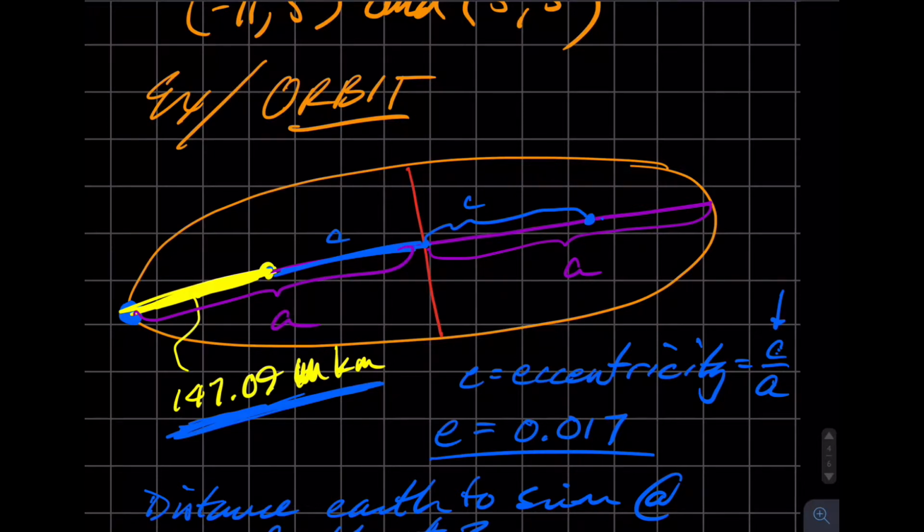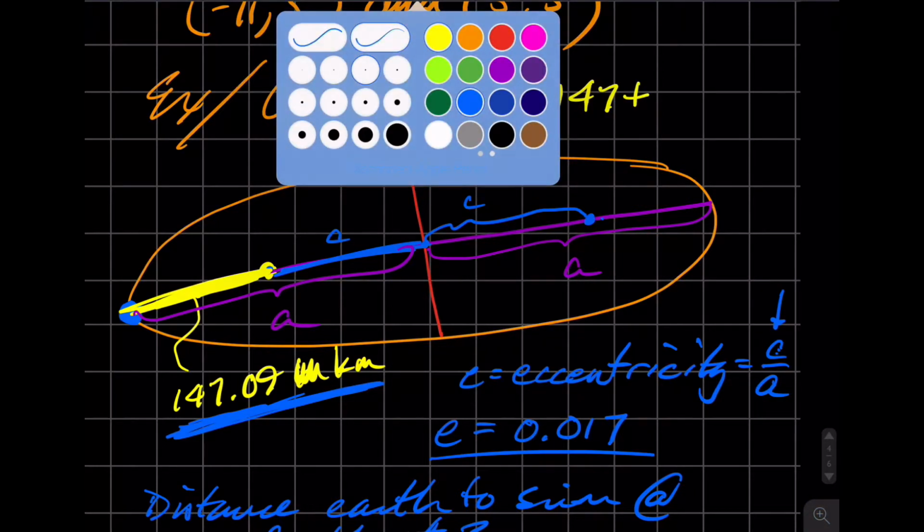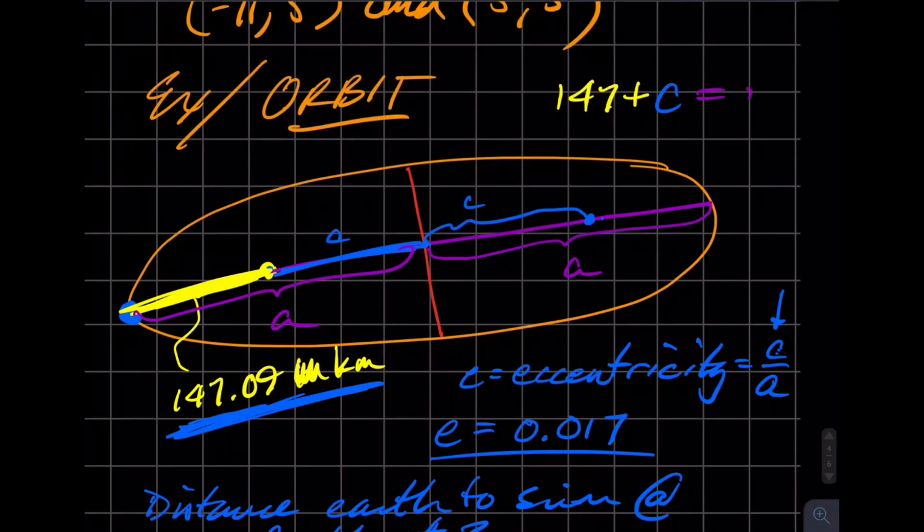So doesn't it look like if I take 147 and add it to C, that's going to be equal to A? 147 plus C is equal to all of A. Okay, so hopefully that makes sense.